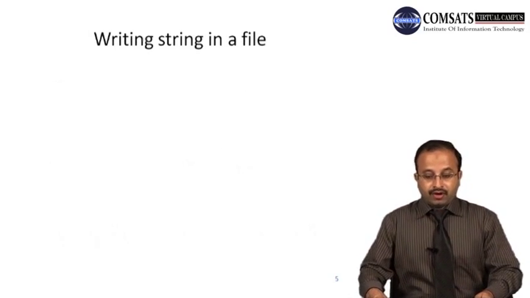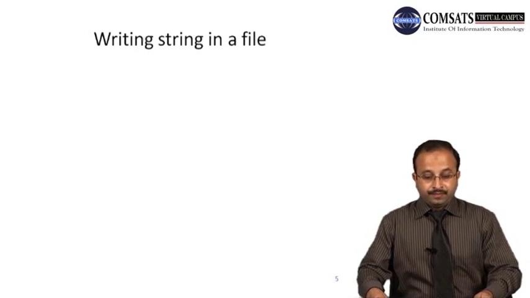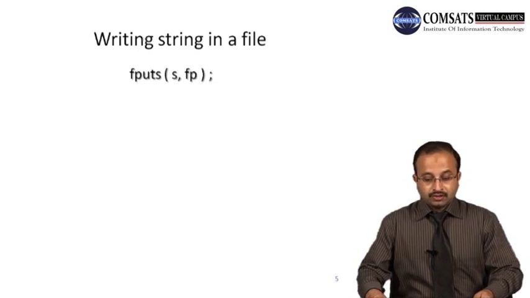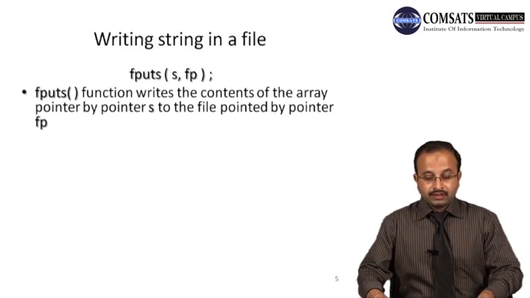Now let's see how we can write a string in a file. For this we use a function fputs. We pass two parameters to that function. First is the base address of the string and second is the file pointer. So the function fputs writes the content of the array pointed to by pointer s to the file pointed to by pointer fp.